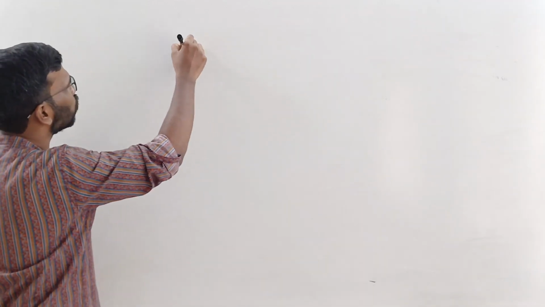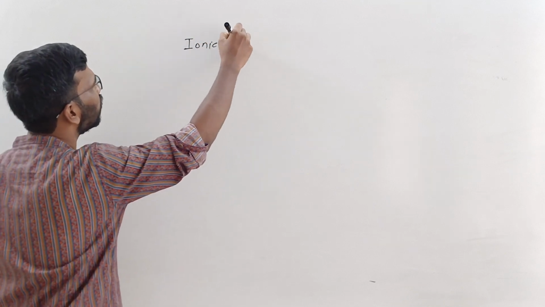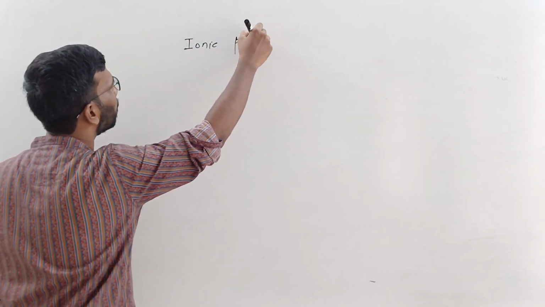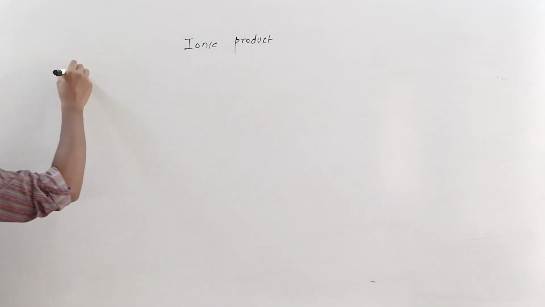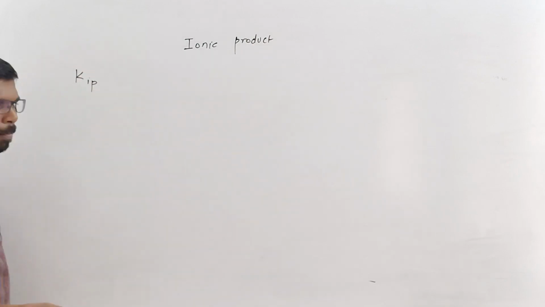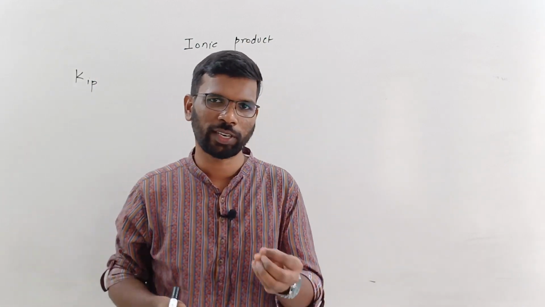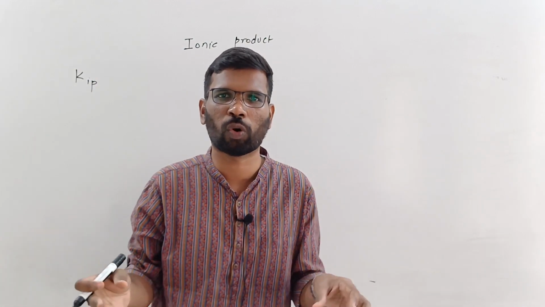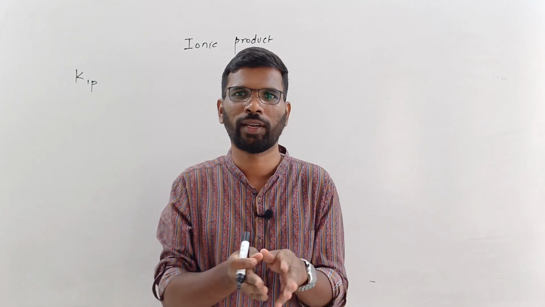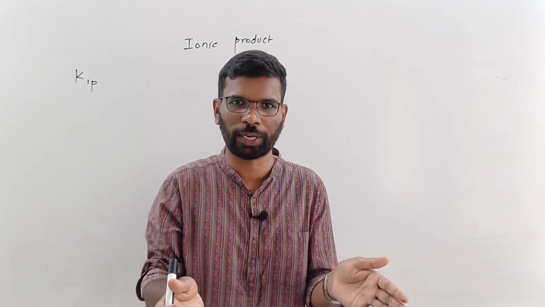Next is ionic product. Like the solubility product, there is an ionic product. We call that KIP. For the solubility product, we calculate the concentration of that electrolyte, how much it is dissolved in the given solvent at equilibrium, when the reaction is complete.